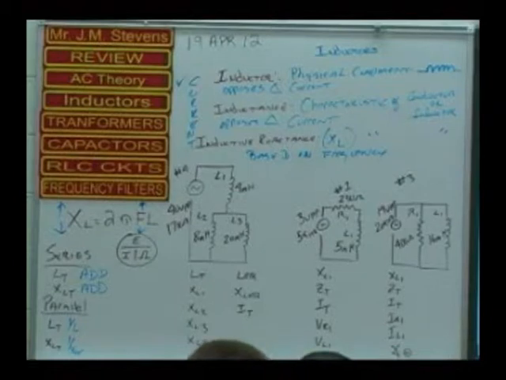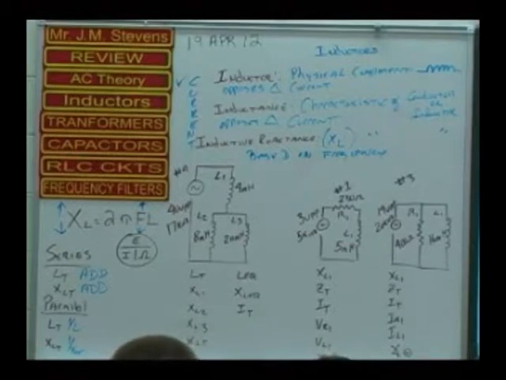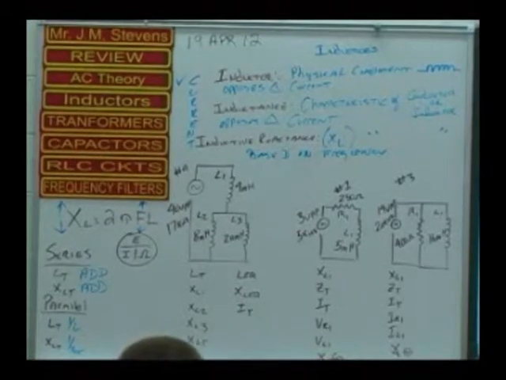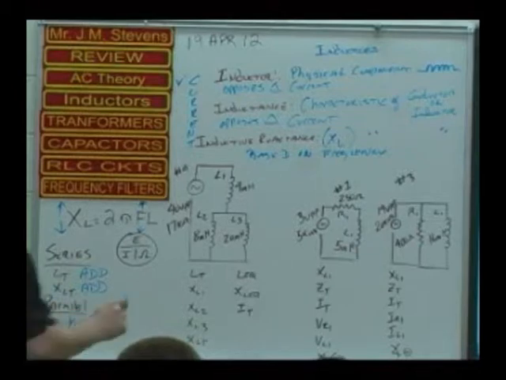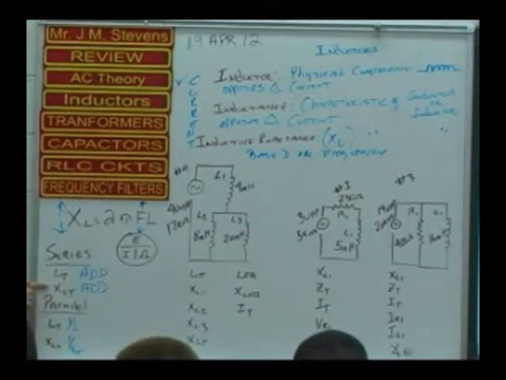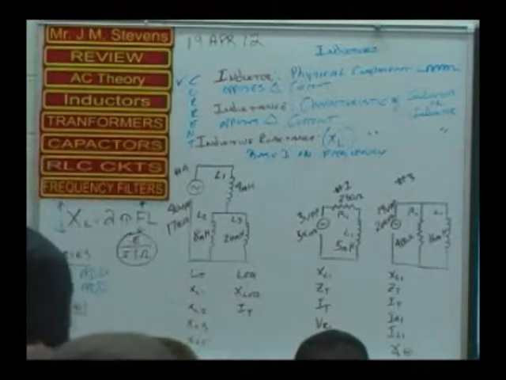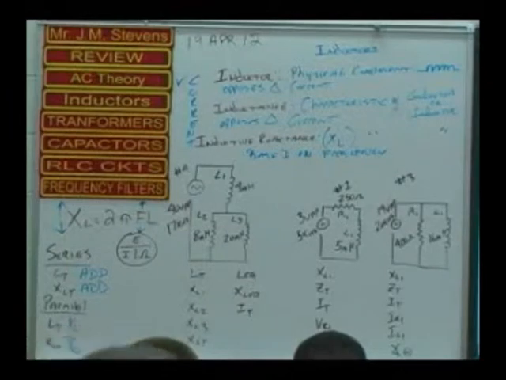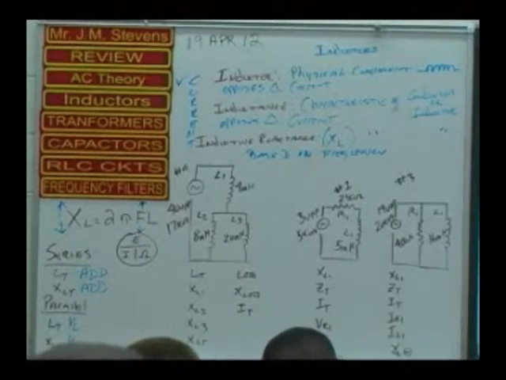It's the same thing. And I sing a song about treating ohms like ohms to help you remember, especially when we get to capacitors, that no matter what, resistors, inductors, capacitors, you still treat ohms like ohms. You add in series and reciprocate in parallel. The opposition, that is.